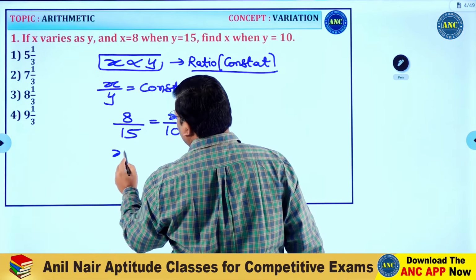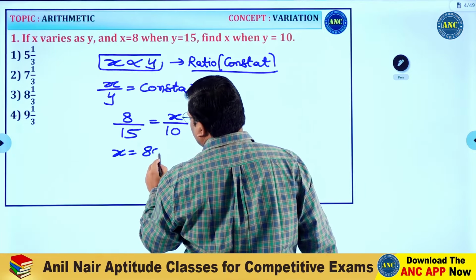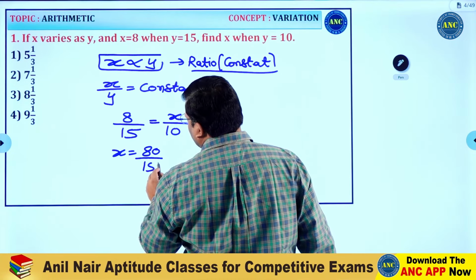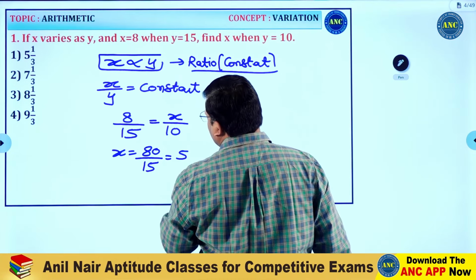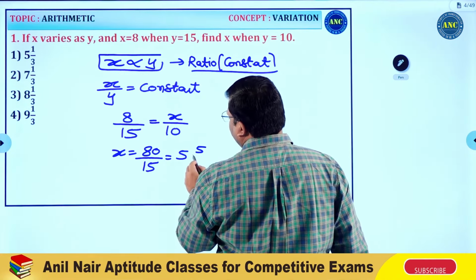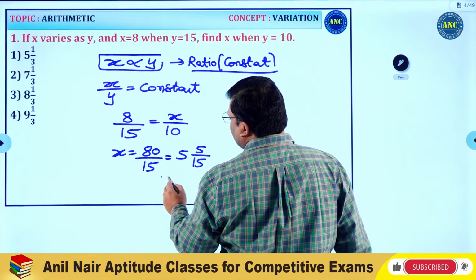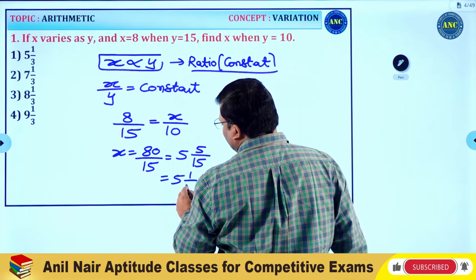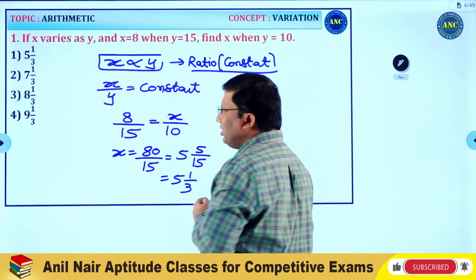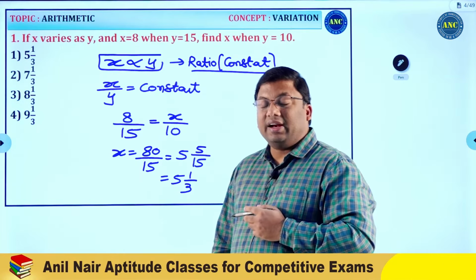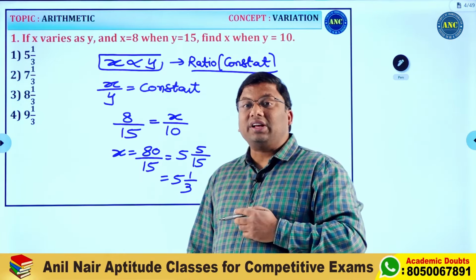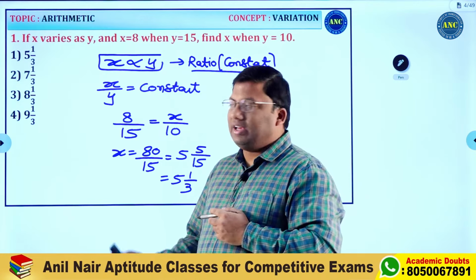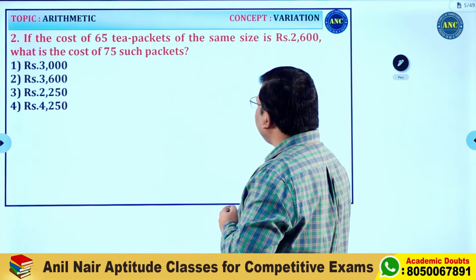So x equals 8 tens are 80, 80 by 15. 15 5s are 75, leaving 5 by 15, so it is 1 by 3. The answer for this question is 5 1 by 3. In direct proportion, the ratio is constant.